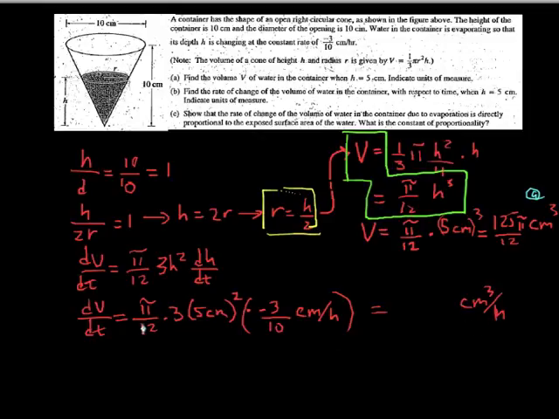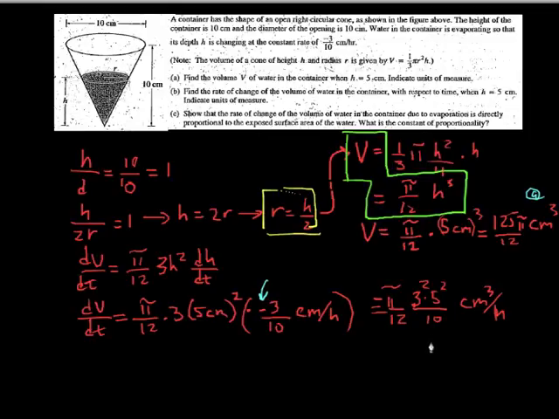So let's multiply this out. Don't forget PEMDAS. We're squaring this. This is going to be pi over 12 times 3 times 25. And there's going to be a negative here, so don't forget this negative sign. I'm just going to leave it this way: negative pi times 3 times 5 squared divided by 10.